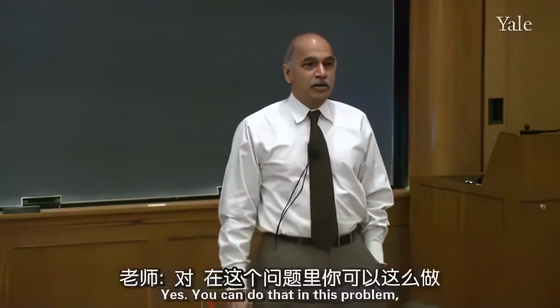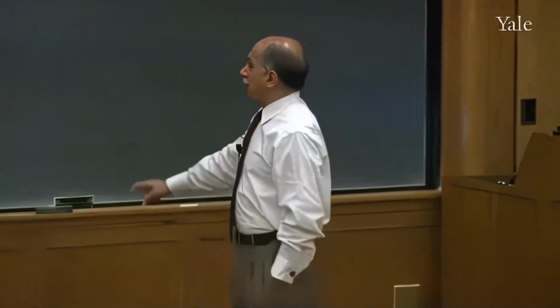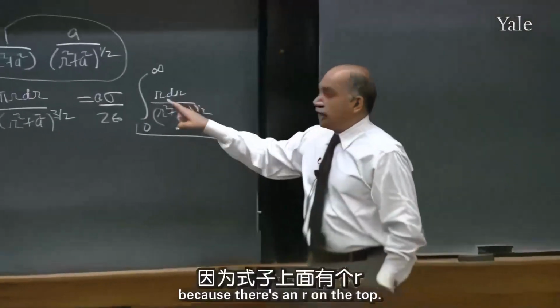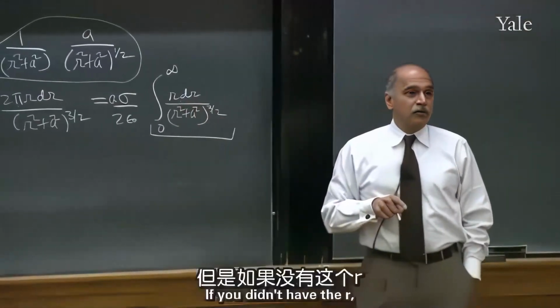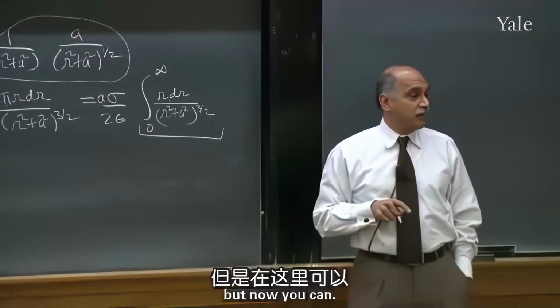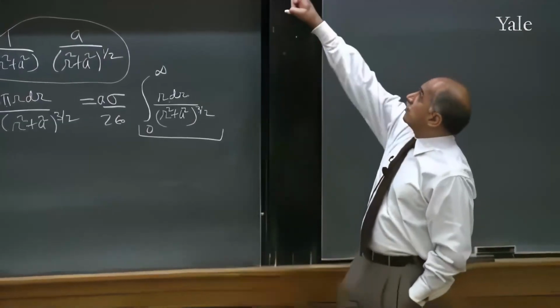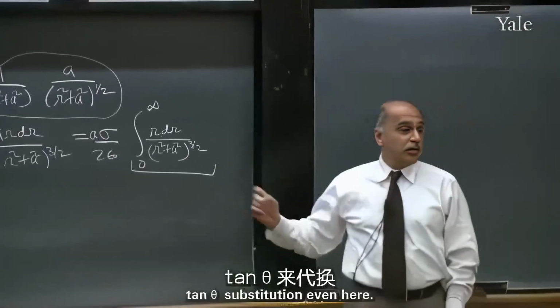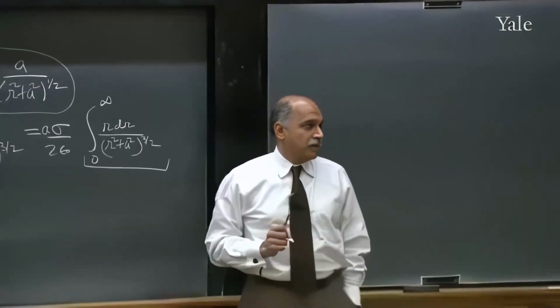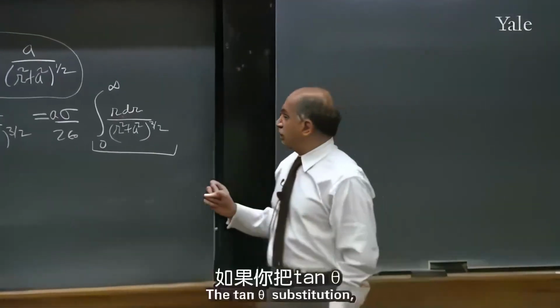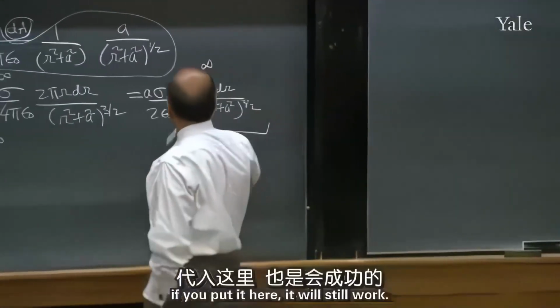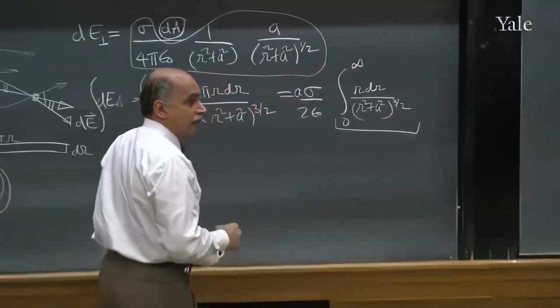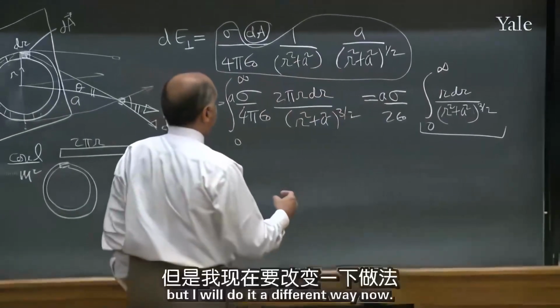Yeah, you can do that in this problem because there's an r on the top. If you didn't have the r, you couldn't do that, but now you can. I'll tell you how it works. First of all, you can always do that tan theta substitution even here. It will always work. The tan theta substitution, if you put it here, it will still work. You can go home and verify that, but I will do it a different way now.